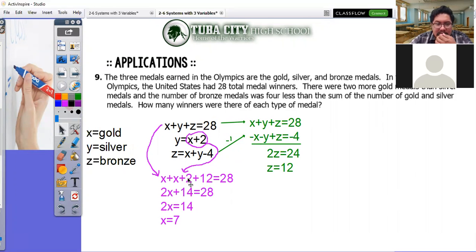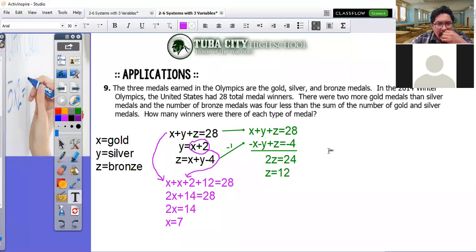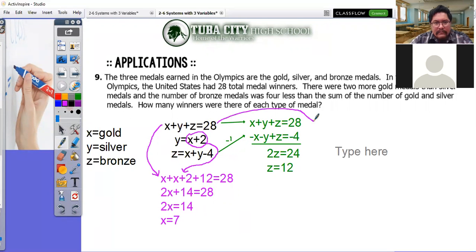And this is x plus 2. Y equals x plus 2. That's going to be 2x. And x is equal to 7. And then plug it back into the original. Let's go ahead and plug this into the last one.